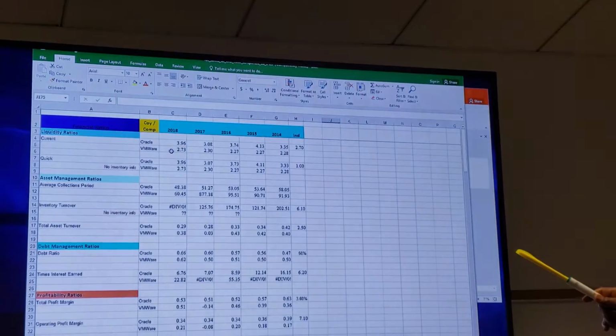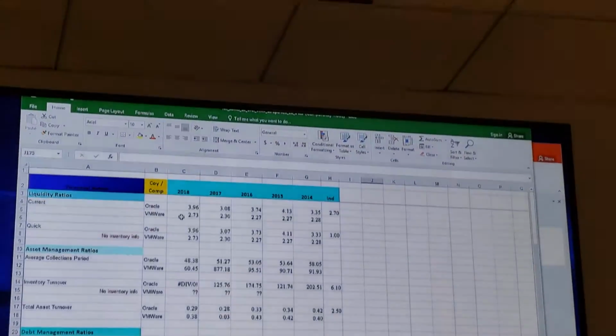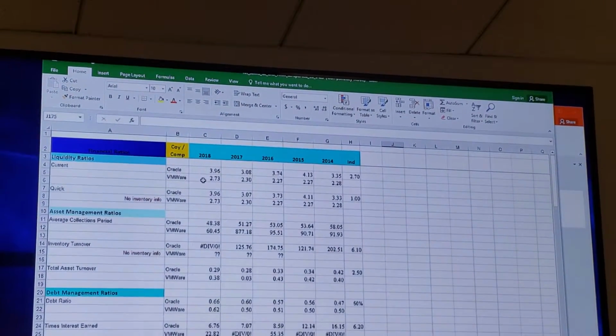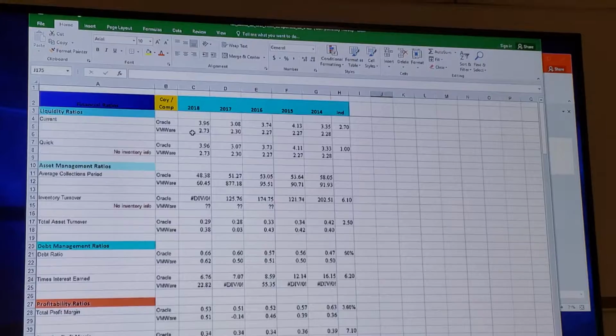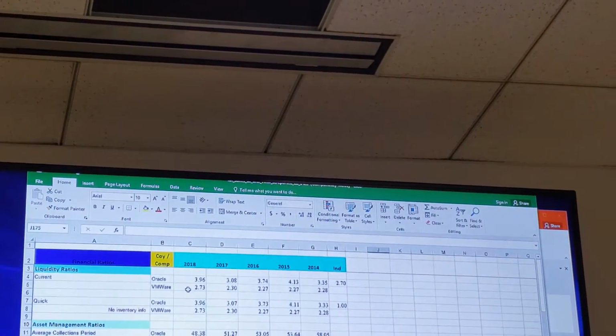The quick ratio, also for Oracle, is within the same range. It also did not exhibit a particular trend, whether increasing or decreasing, just a little bit of fluctuation within this time frame.